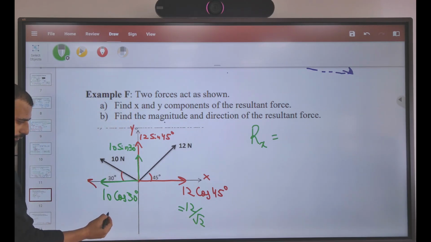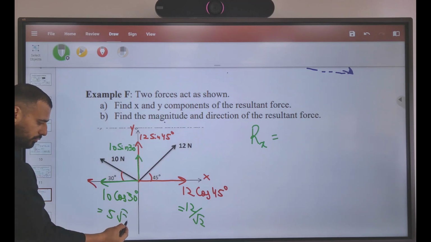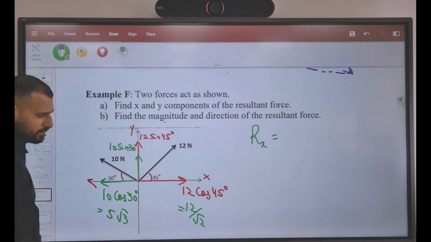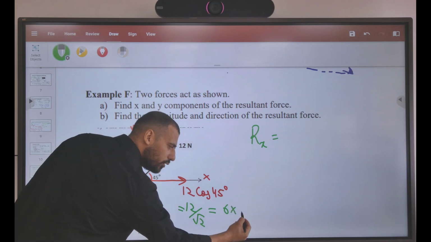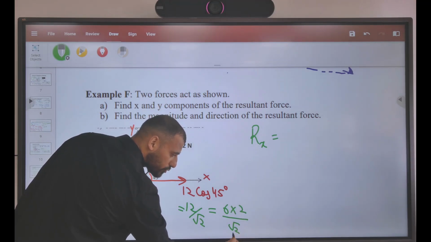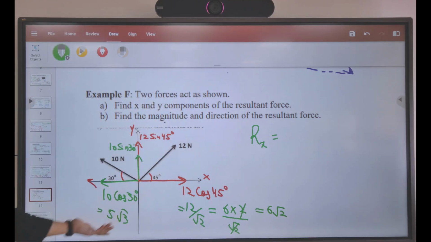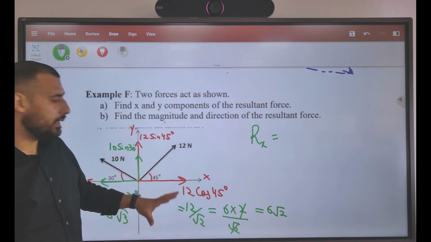And cos 30 is root 3 by 2, so this is 5 root 3. 12 can be written as 6 into 2 divided by square root 2, so the square root 2 cancels, giving 6 square root 2. Which is bigger?